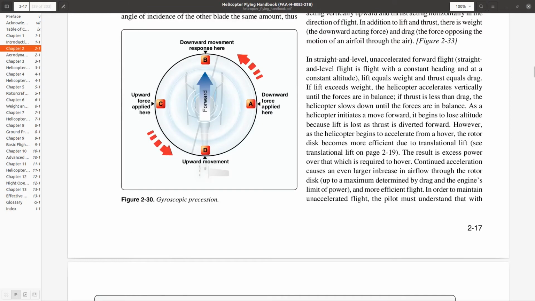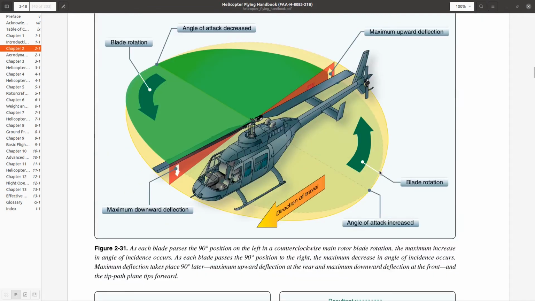Okay, so what about forward flight? As you go forward, now things really get interesting. A couple of things are going to happen. So here it says, as each blade passes the 90 degrees position on the left in a counterclockwise rotation blade system, the maximum increase in angle of attack occurs.